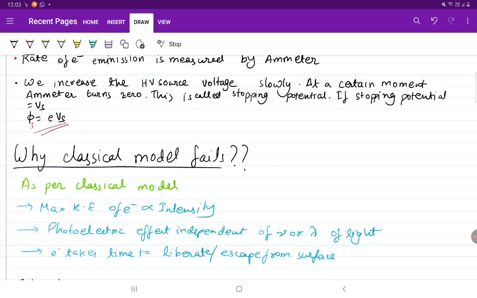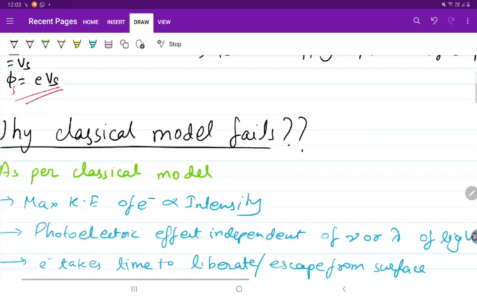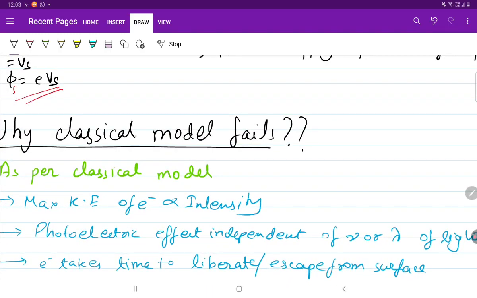The observations are that if the model followed classical theory, then the maximum kinetic energy of the electron should be proportional to the intensity, the photoelectric effect should be independent of the frequency or wavelength of the light, and the electron should take time to escape from the surface of the metal. What does the first point say? It says that the kinetic energy of the electron is proportional to intensity.